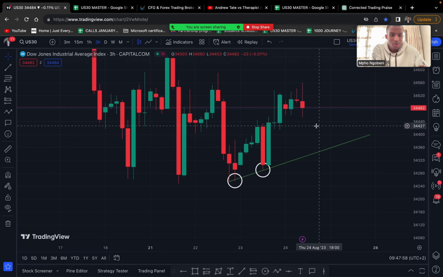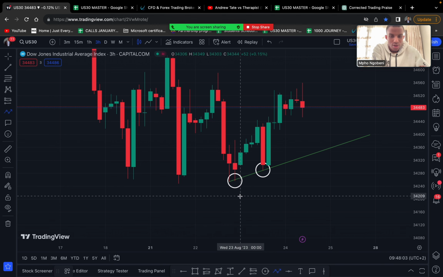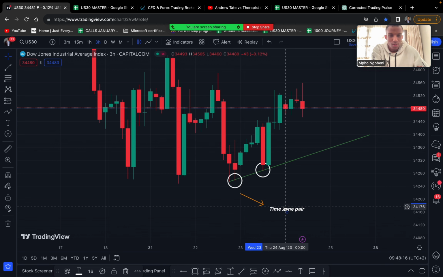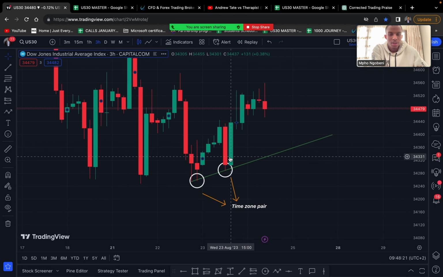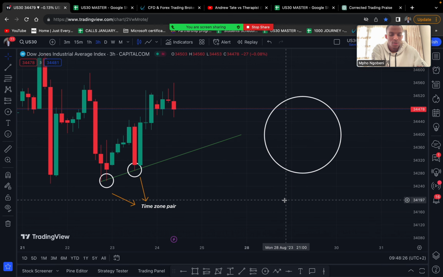Why do I say that? Because you can see that the rejection here was 12 and the rejection here was 6. So this is also known as a time zone pair. People who do my lessons know this very well. The reason I call it a time zone pair is, if you go to a clock, you'll realize that a clock is made in pairs.